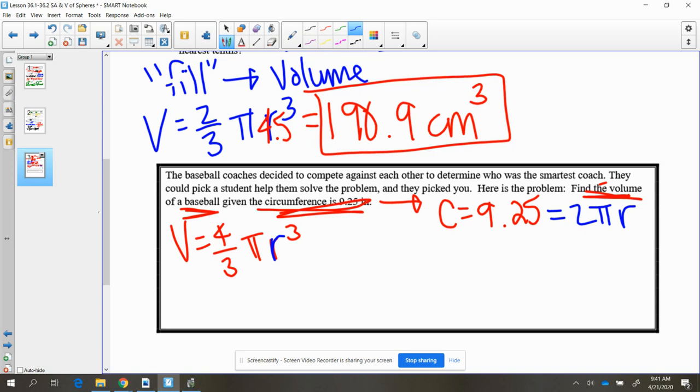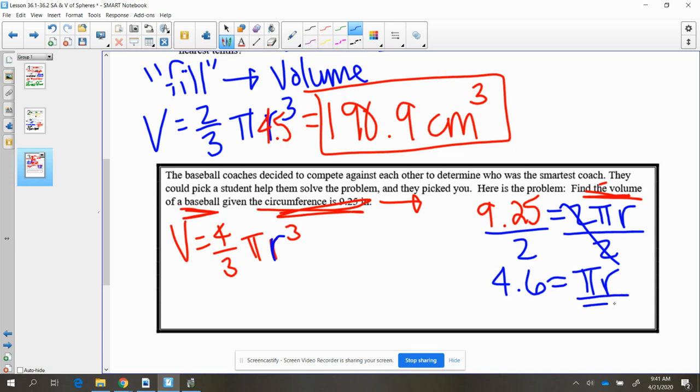So in order to do this, we're going to start by solving for our radius given what our circumference is. To do that, we're going to start by dividing by 2. And half of 9.25 is about 4.6. And then I'm still trying to get r by itself, so I'm going to divide now by pi. And 4.6 divided by pi is about 1.5.